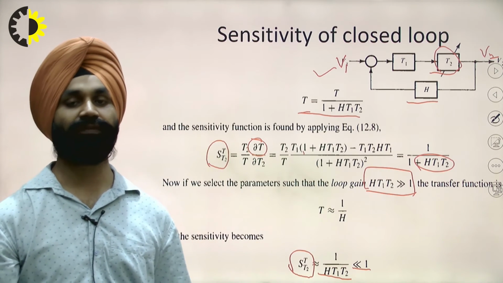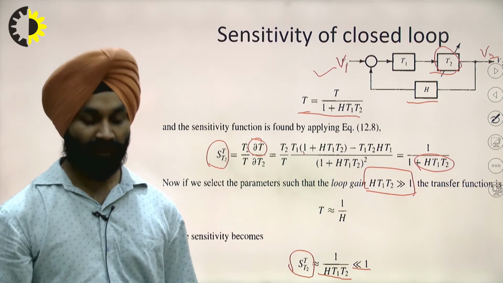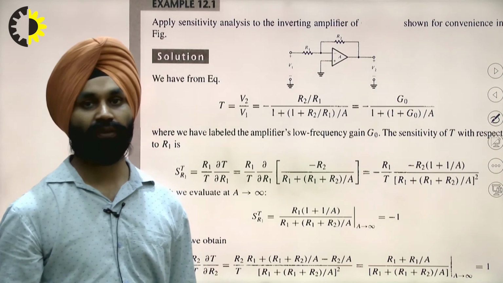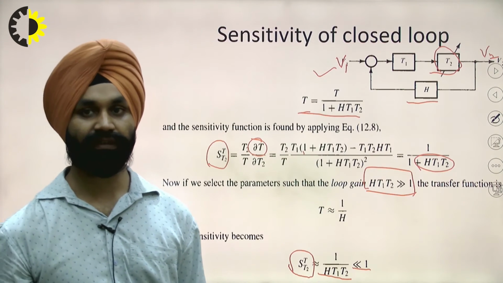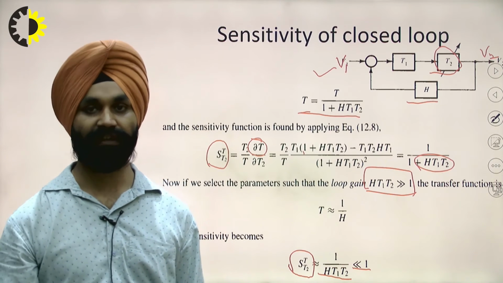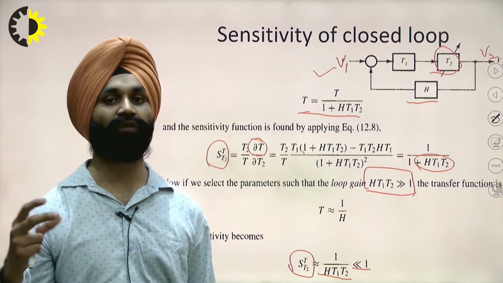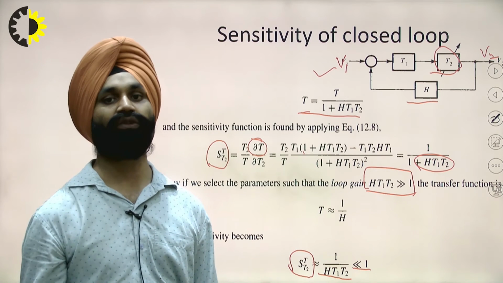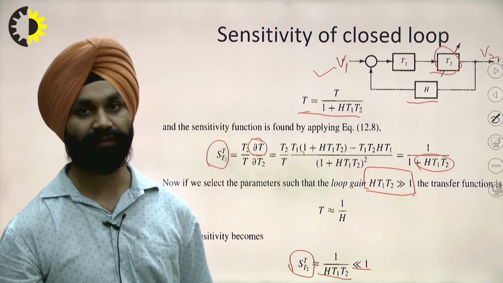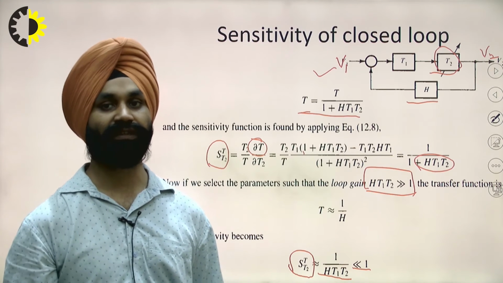So the overall sensitivity will be much less than 1. Or we can say that the closed loop sensitivity is decreasing with respect to the open loop. When we consider the open loop transfer function, it is always giving 1, but when we are using closed loop, the transfer function sensitivity will always be much less than 1.